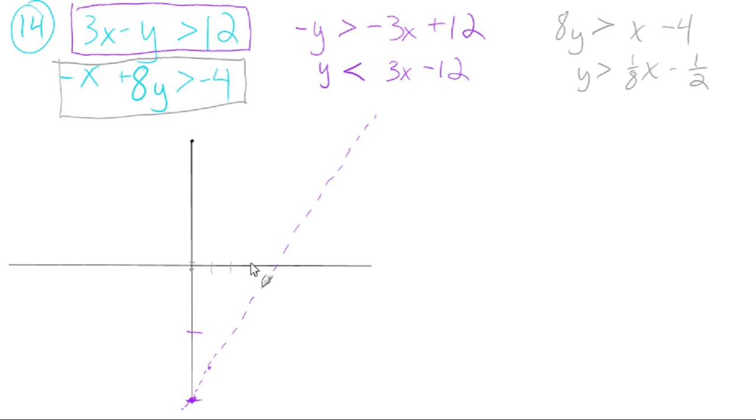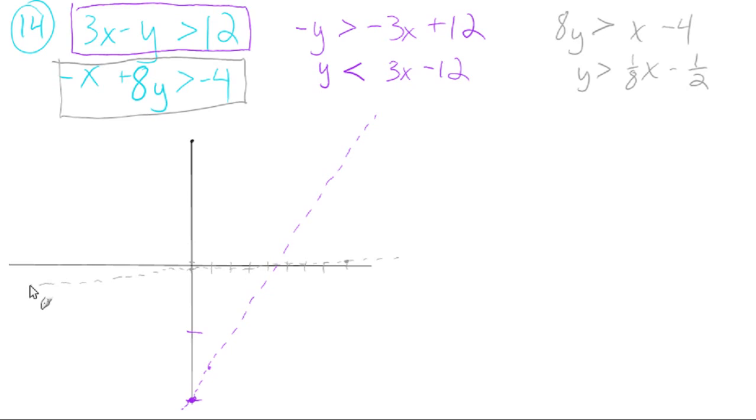So this would be 2, 3, 4. Okay, so our other point for this one would be right there, and it's strictly greater than. So dotted line, that's what that means.